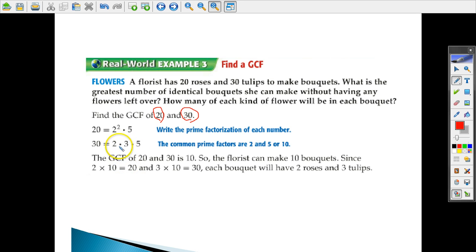And what they have in common is 1, 2, and a 5. And 2 times, oh, hold on. So the GCF of 20 and 30 is 10, because you have a 2 times 5, which is 10. So she can make 10 bouquets. Since 2 times 10 equals 20 and 3 times 10 is 30, each bouquet has 2 roses and 3 tulips.